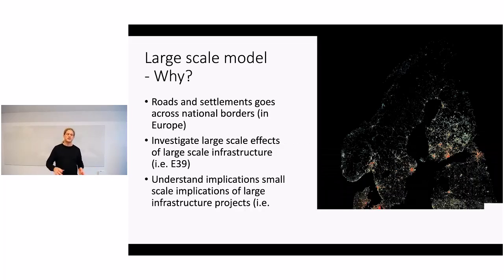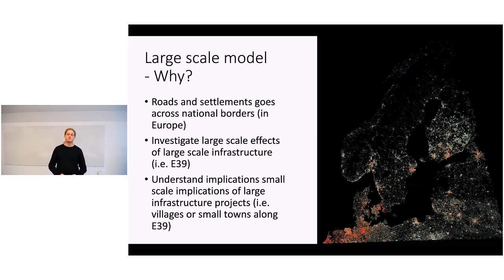So, our model attempt, as you can see here, this is modeled land values. This is a very large-scale model that we're trying to build. And why? Because roads and settlements don't care about national borders.